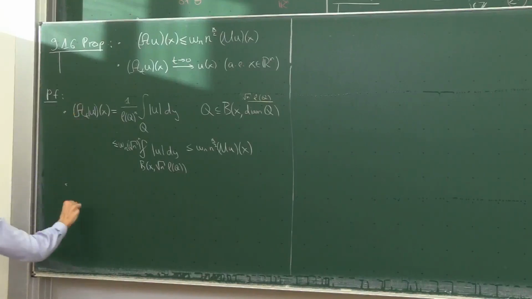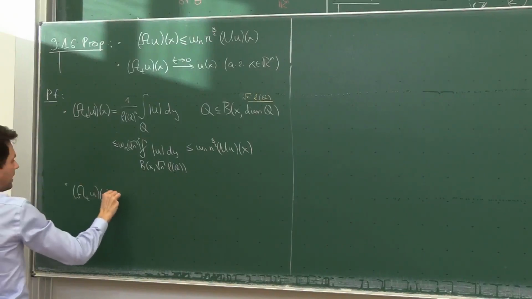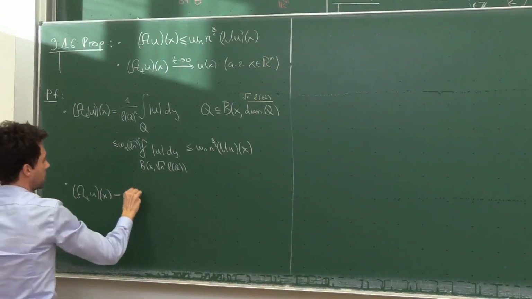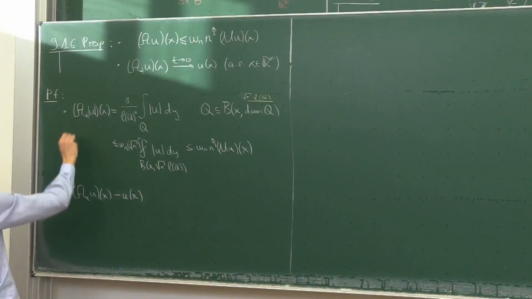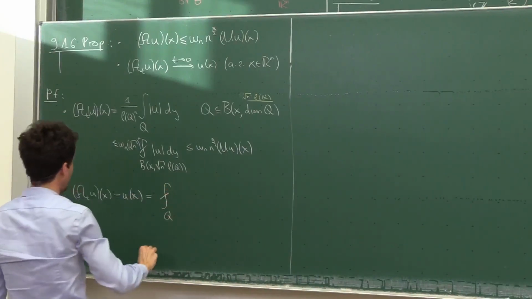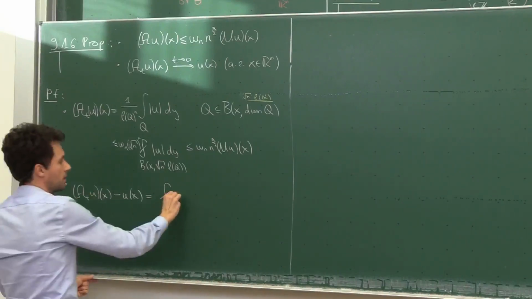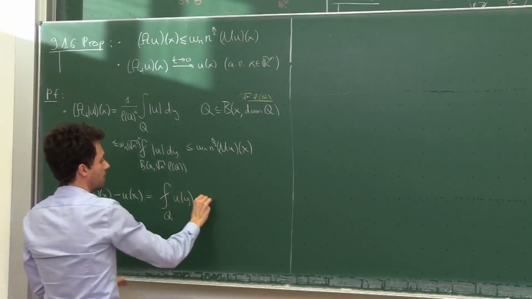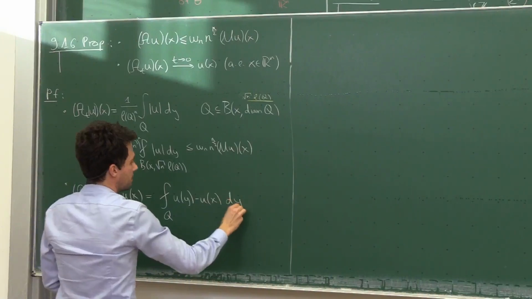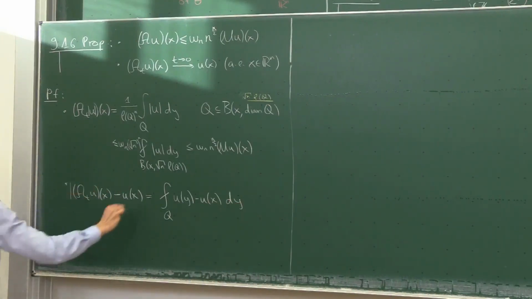The second part is just as easy, because if you take A_t of u at x and you subtract off u of x, then you write it as usual as an average over Q. Q is the unique cube that gives rise to the definition of this object. Then it's going to be the integral of u of y minus u of x dy, and then you put in absolute values.